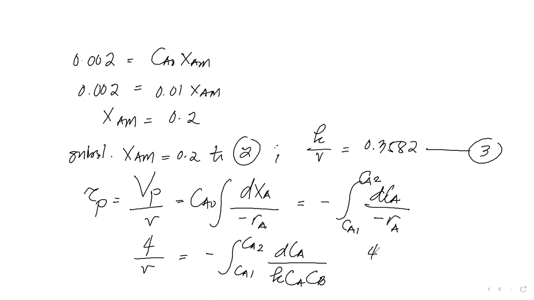That would be 4K over V is equal to negative of the integral from CA1 to CA2 of dCA over CA CB. The K I already transferred to the other side. The purpose is for me to be able to use 3 here for the K over V.